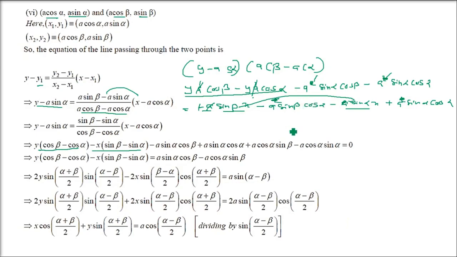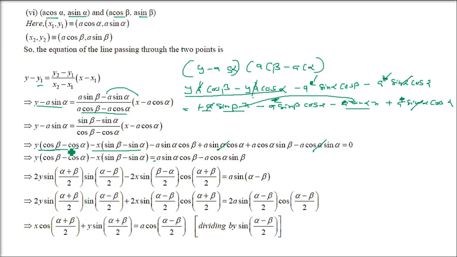The x and y multiplication, take it on the left hand side, and if you see these terms, A sin alpha cos alpha and A cos alpha sin alpha, they appear twice, with negative and positive signs, so you can cancel them. And A sin alpha cos beta plus A cos alpha sin beta, you can take on the right hand side. Why? Because we have to try to find the answer in this way.